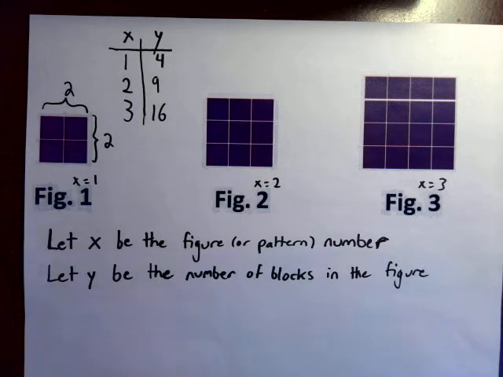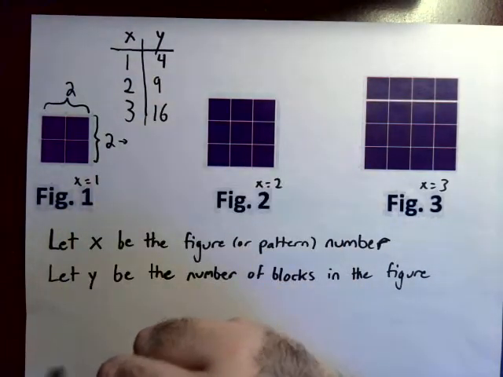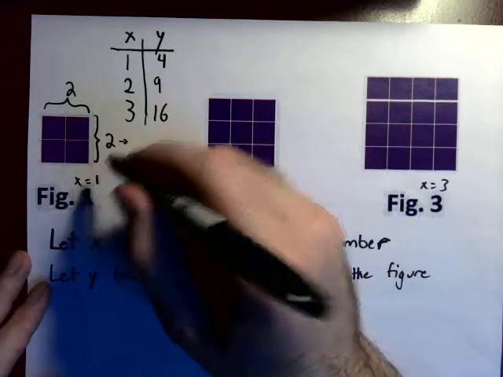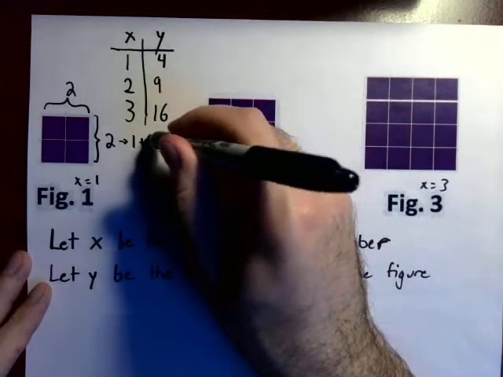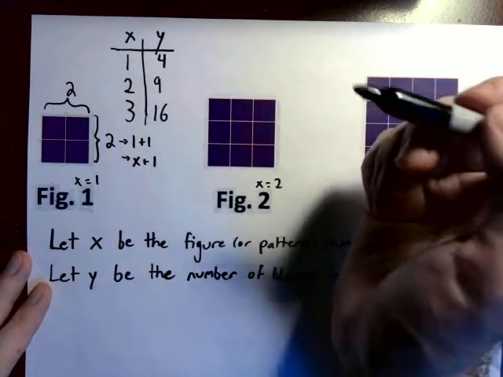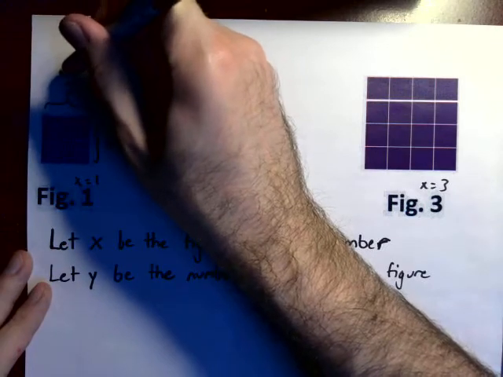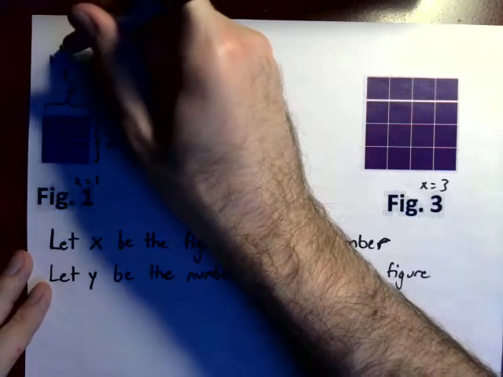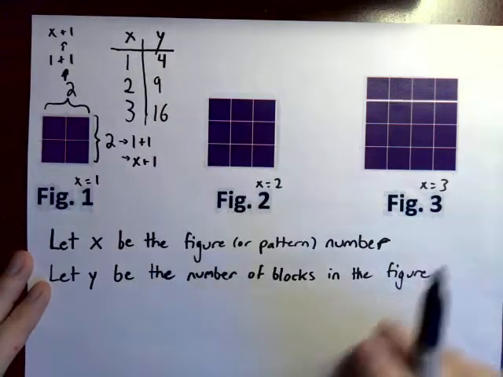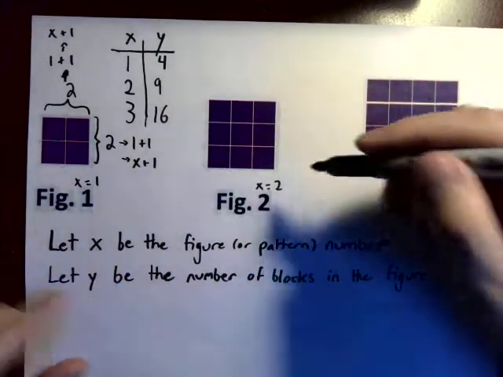I would think, oh, 2 is 1 more than 1. So if x is 1, 1 plus 1 is 2, so x plus 1. And the same thing would apply there: x plus 1.